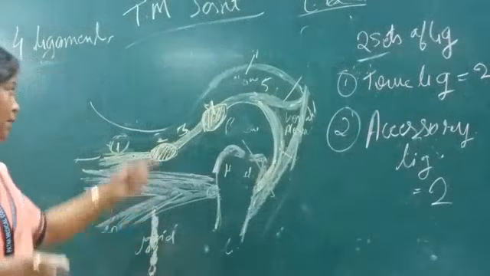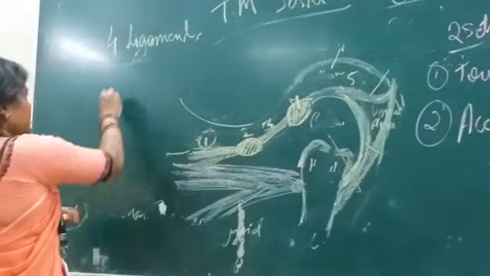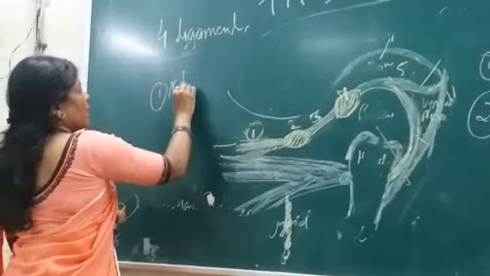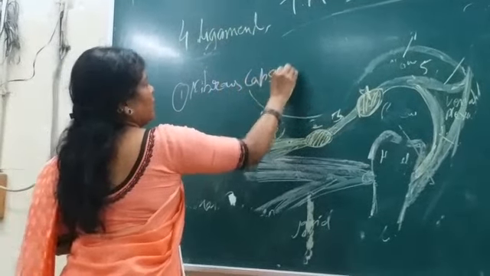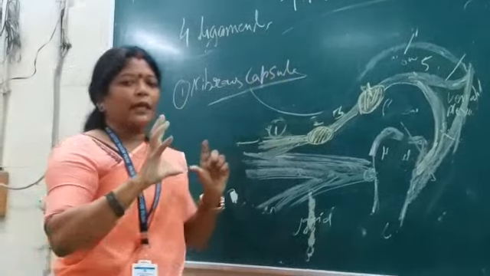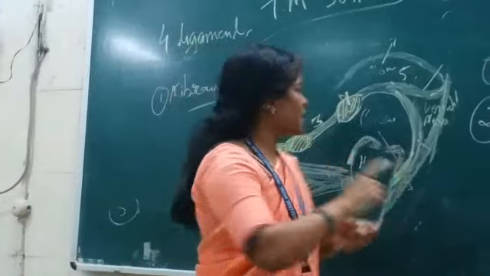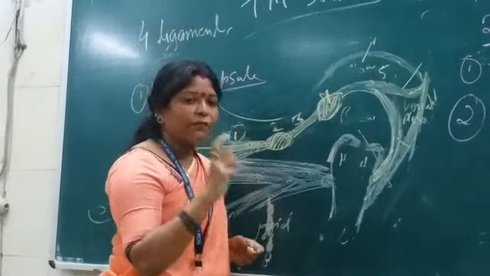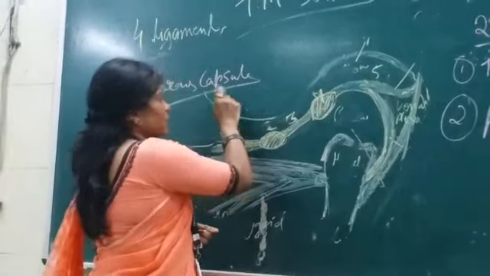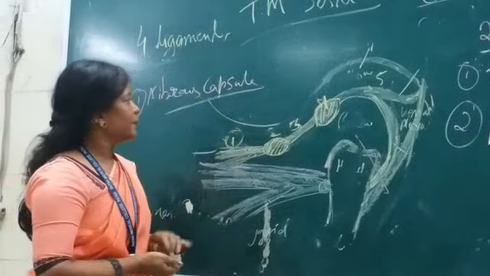Now what are the names of these true ligaments? We have discussed here the fibrous capsule, or the capsular ligament. That means the fibrous sac which encloses the whole of this joint inside it, that is the fibrous capsule. The fibrous capsule is a true ligament.